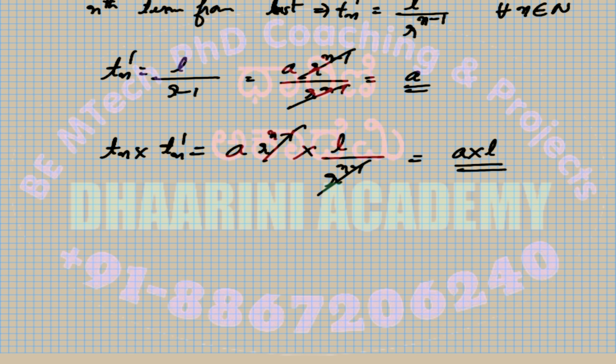It's with the standard notation. A stands for the first one, L stands for the last one. If they are known, then R can be calculated as L divided by A, whole raised to the power 1 divided by n minus 1. So the 1 by n minus 1 is actually a power.